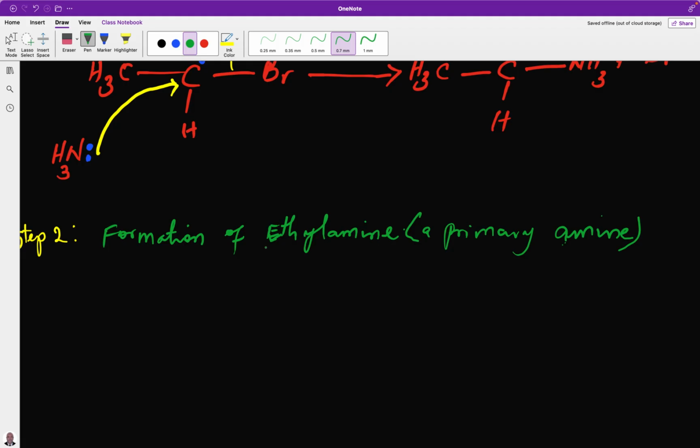A reflux process cannot be used here because the ammonia will escape into the air as gas. So that is why it is preferable to use a sealed tube.